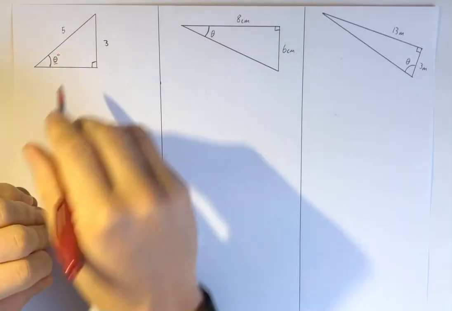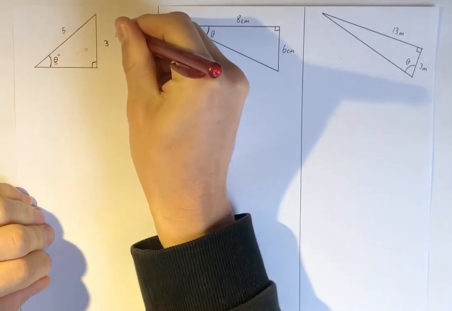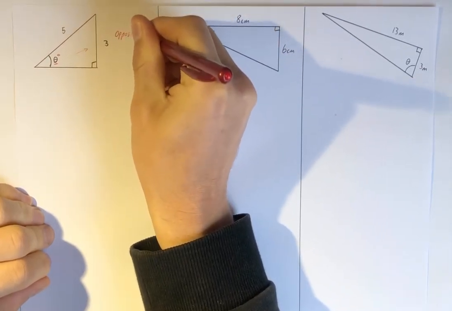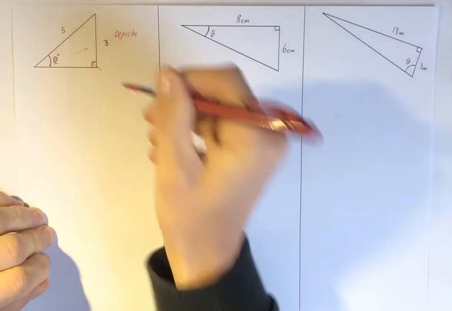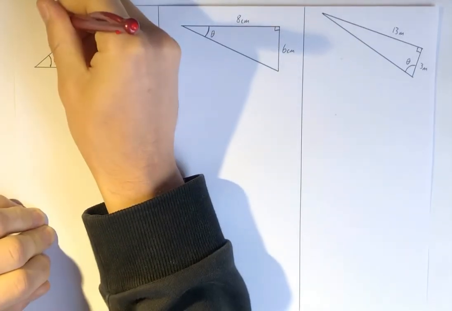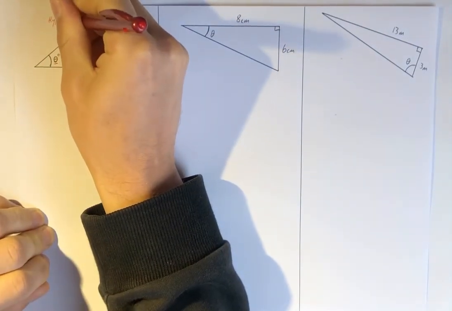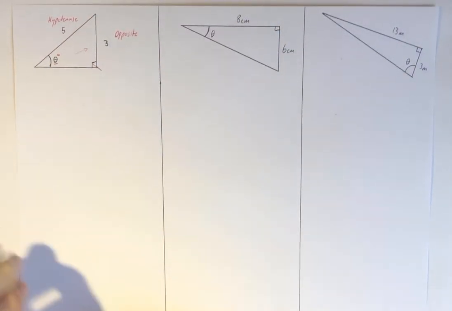So this side here would be the opposite, an O. And this side here, remember that right angle points to that long side, so that is the hypotenuse.